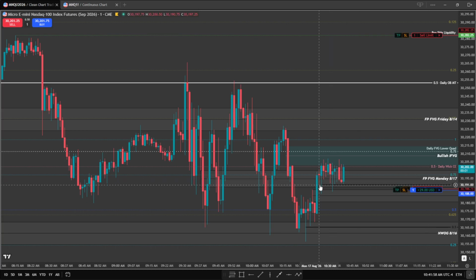It is holding the midpoint of this wick still, so that's good. There we go. So it needs to accelerate through that pretty quick now that it's taken these highs.